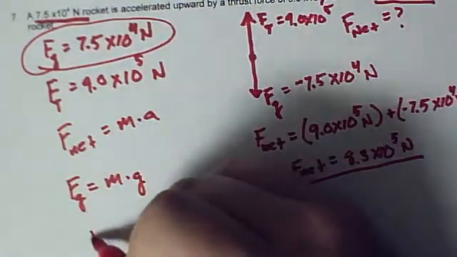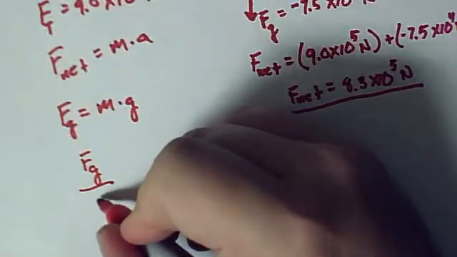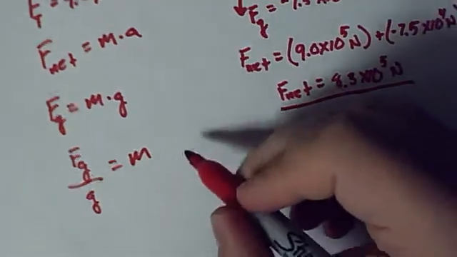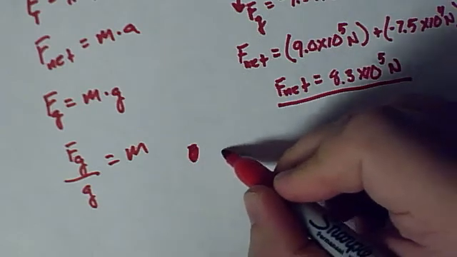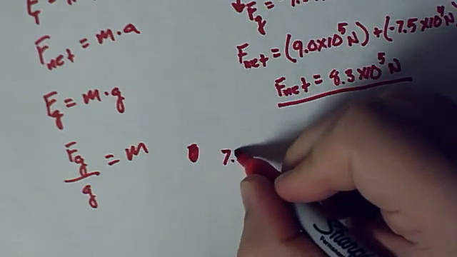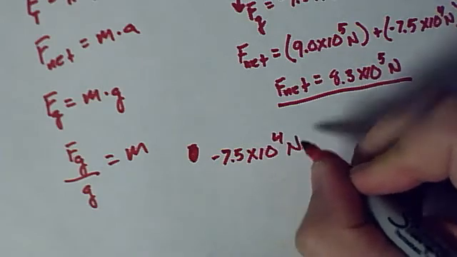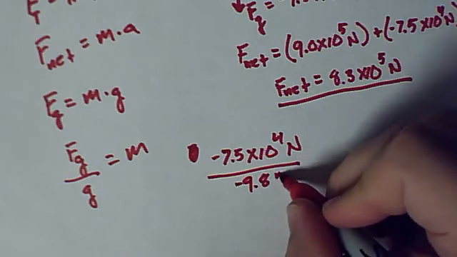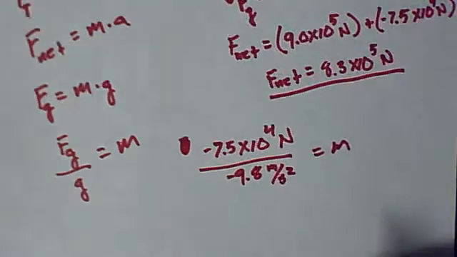So the mass is going to be Fg divided by little g equals m. So my Fg is a negative 7.5 times 10 to the 4th newtons divided by negative 9.8 meters per second squared equals my mass.